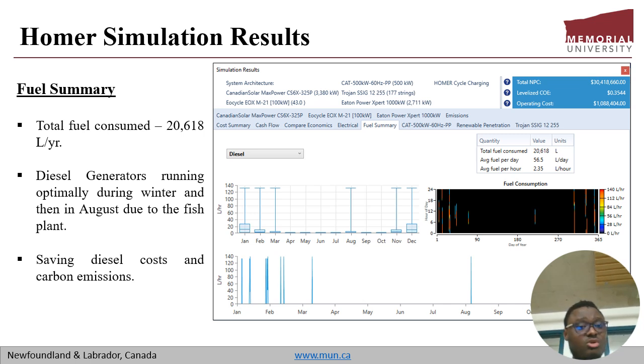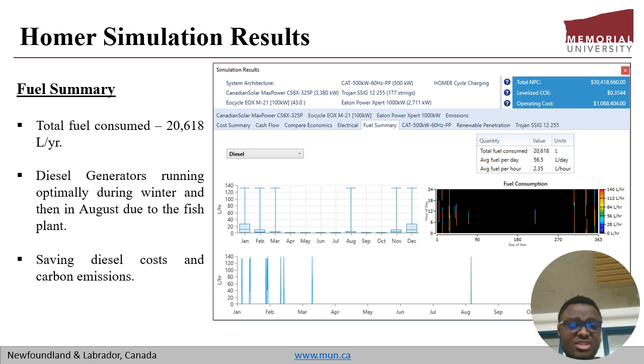If this system is implemented, the total fuel consumed for the year is about 20,116 liters per year, taking it down from a whopping about 1.8 million liters to about 20,618. That's a lot being cut down based on our system.